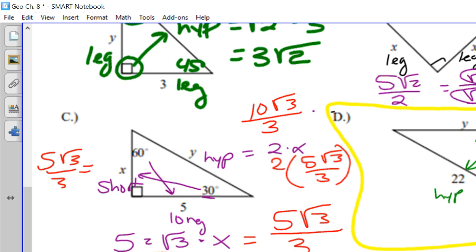Okay. So hypotenuse, long leg, short leg. We are going to use the first rule. We're going to say the hypotenuse is equal to 2 times the short leg. So we've got the hypotenuse is 22 equals 2x. What does x have to equal, my friends?